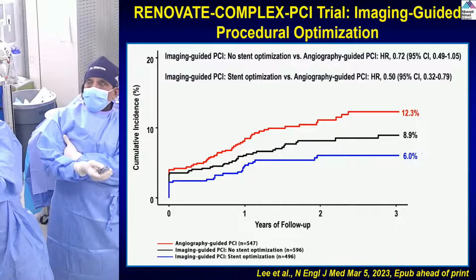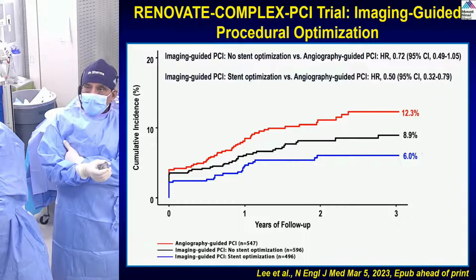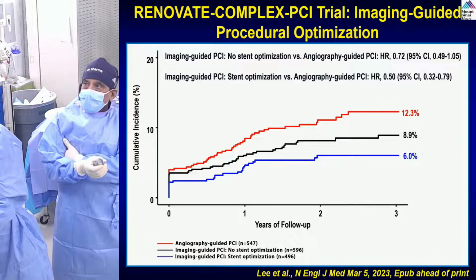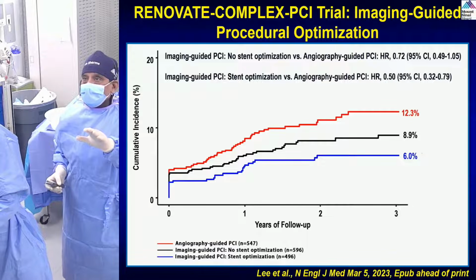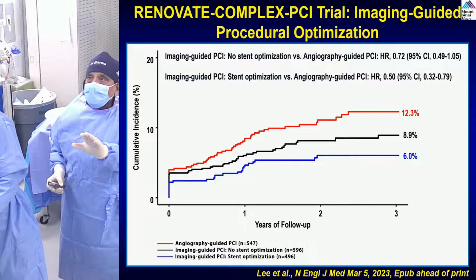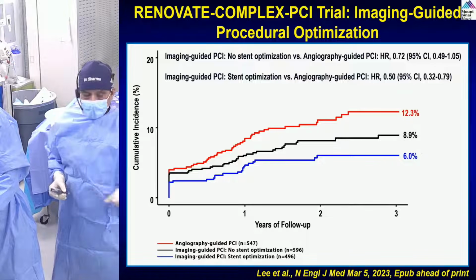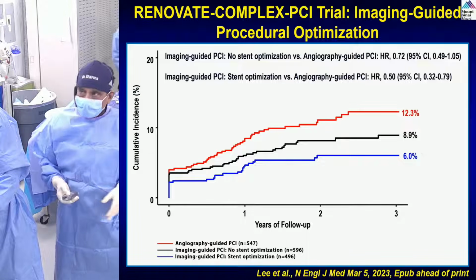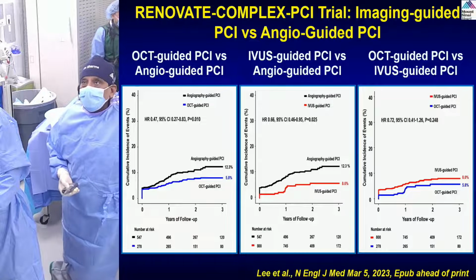So therefore, they also said that with better optimization of imaging guidance, the angiographic guided arm was 12.3%. If you did regular imaging, it's 8.9%. But if you optimize the stent with imaging, it became 6%, almost half. Then they have OCT versus IVUS.